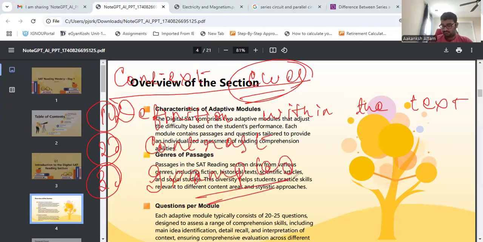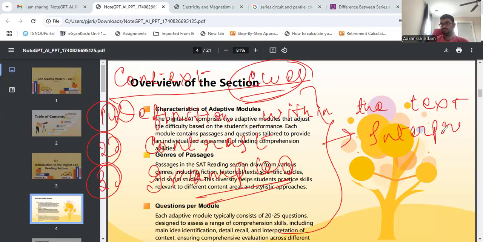I'm not able to recall the fourth context clue at the moment. But majorly these are the three different kinds of context clues which we are going to utilize in interpreting the context. Make a note of it and then I will explain all of them.